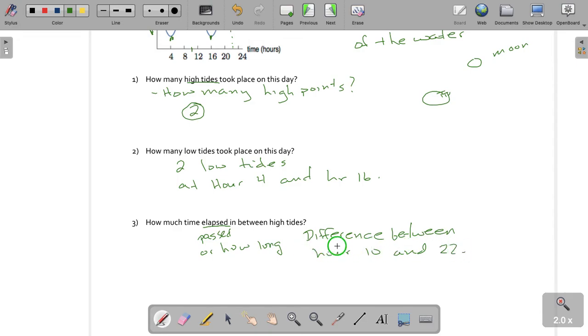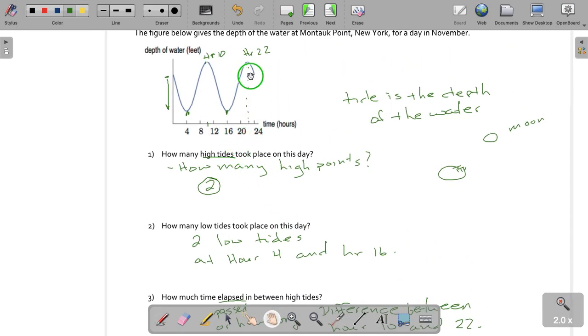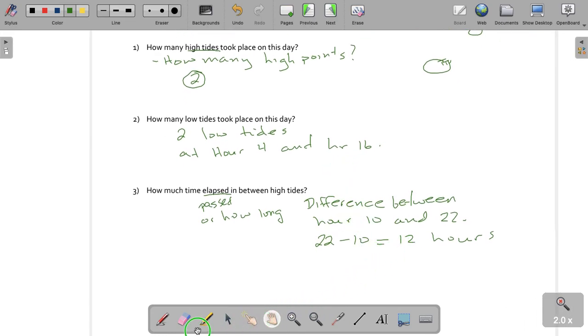Okay, well, the difference means to subtract. So we're going to take 22 minus 10, and that equals 12 hours. Okay, so how much time elapsed between the two high tides? What's the difference between this time right here and that time right there? Well, this is hour 22, that's hour 10, and so the difference there is 12 hours.